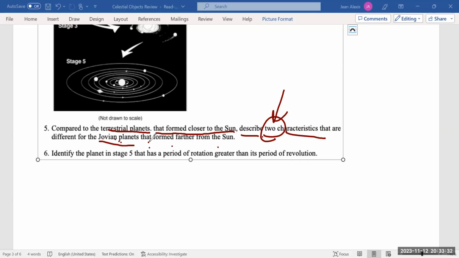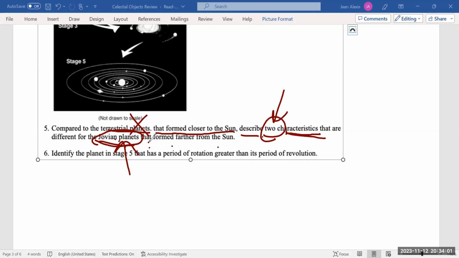We are describing 2 characteristics that are different for the Jovian planets. So our description is going to be about Jovian planets in comparison to terrestrial planets, all right? In one of the previous videos, I showed you that list of the different characteristics, and you had to pick 2 of them.